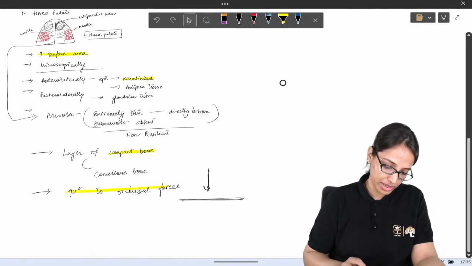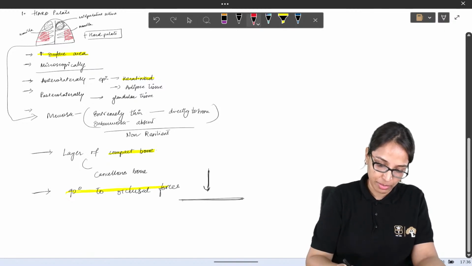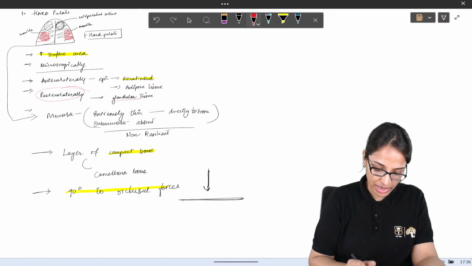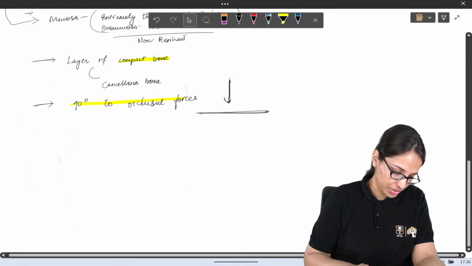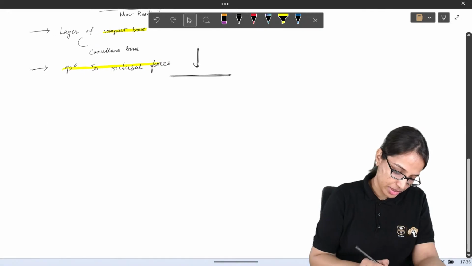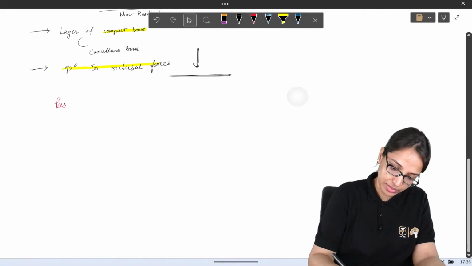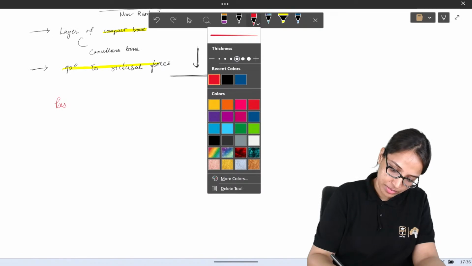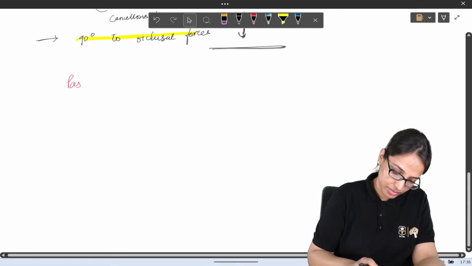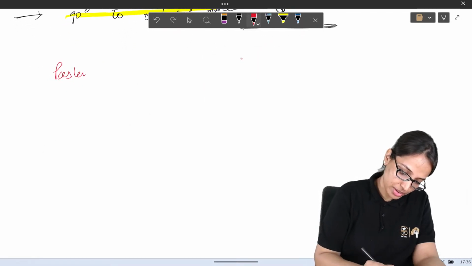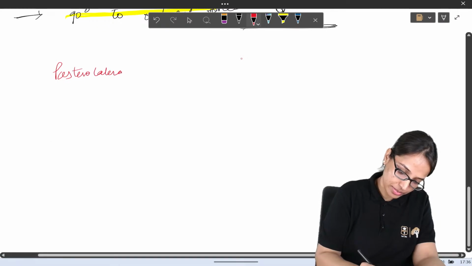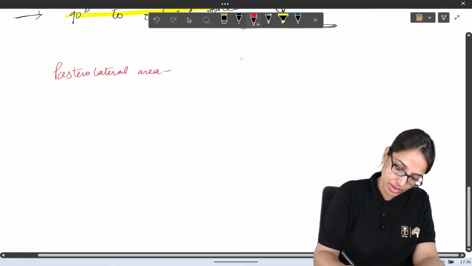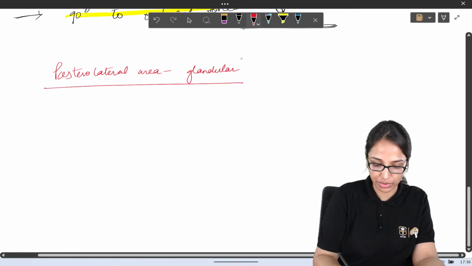Now we come to the clinical implication of your posterolateral area, the glandular tissue that we see. Submucosa in the posterolateral area contains your glandular tissue. What is the clinical implication of it?